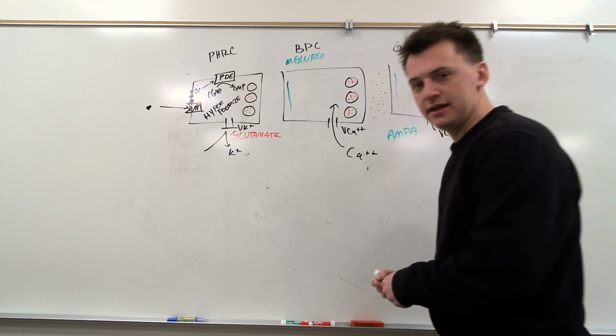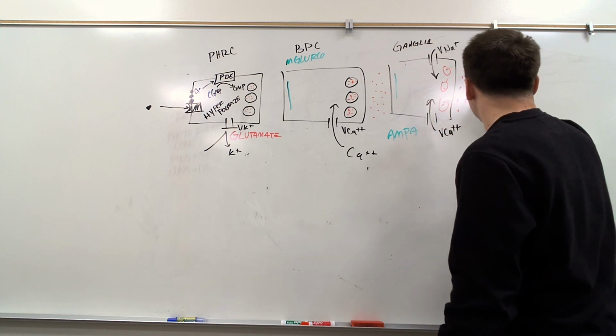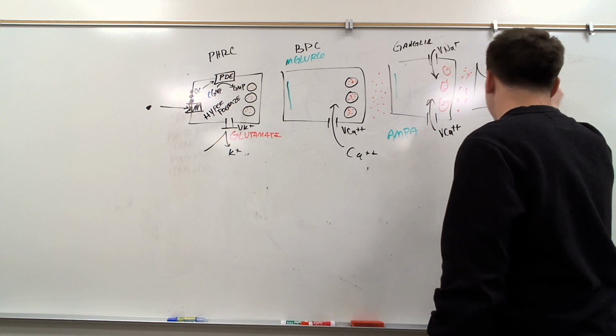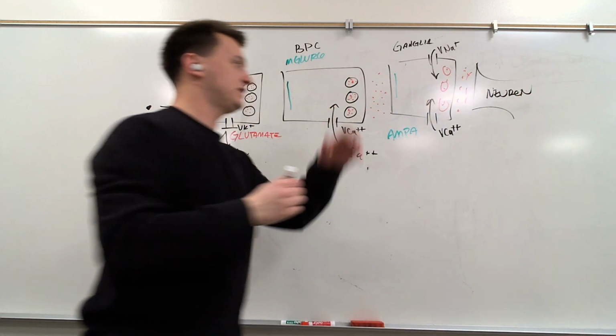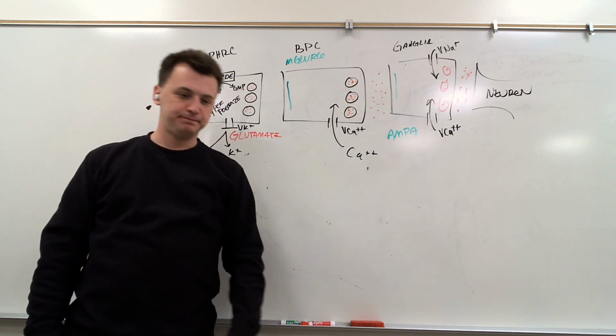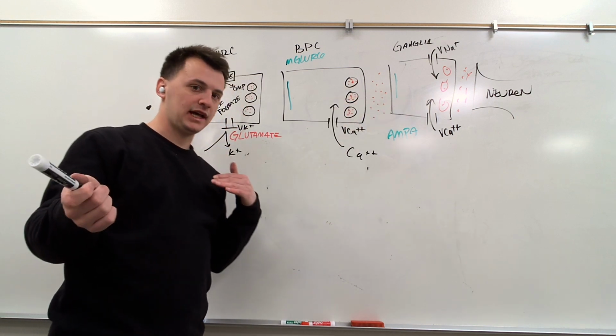And there is a neuron right here, and as glutamate is released, an action potential is sent to the brain. And it's saying light is happening.